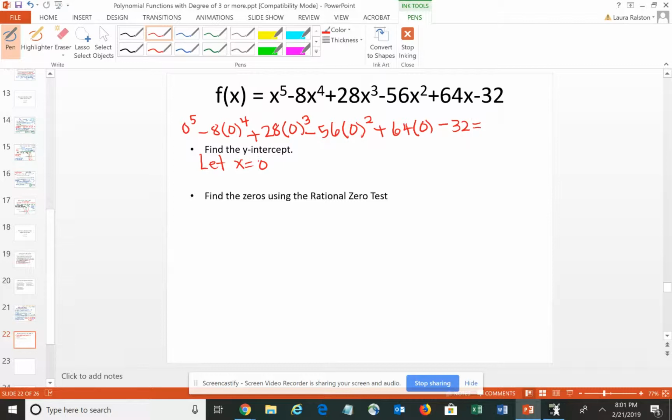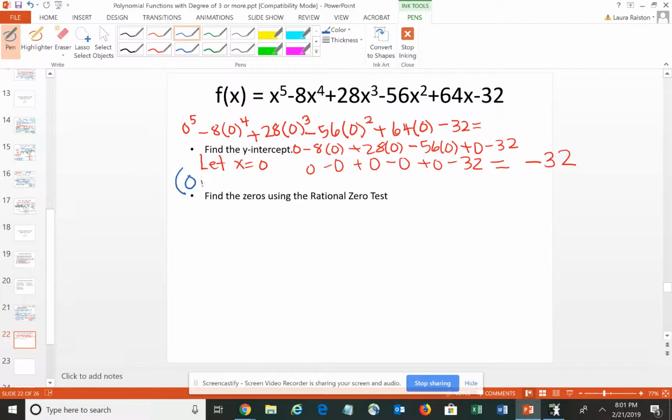So I have 0 minus 0 plus 0 minus 0 plus 0 minus 32. When I get through with all those zeros, I end up with negative 32. So my y-intercept would be the ordered pair (0, negative 32).